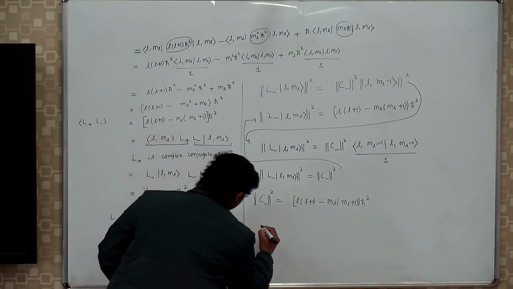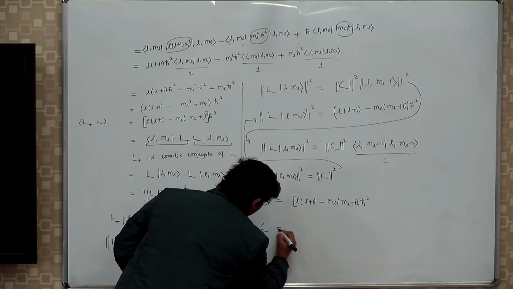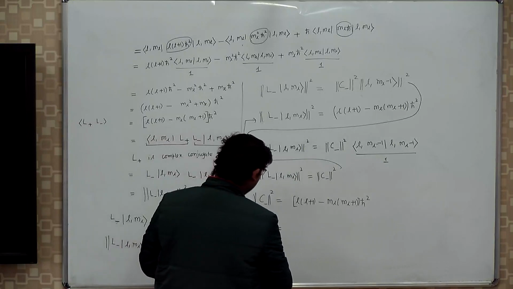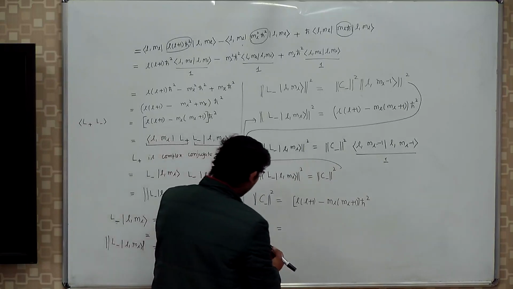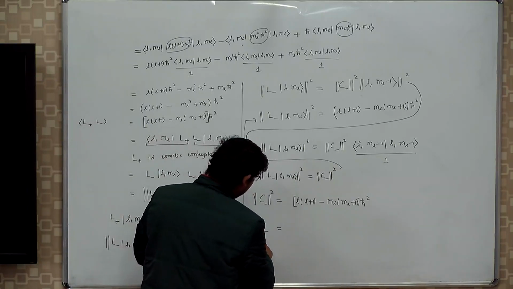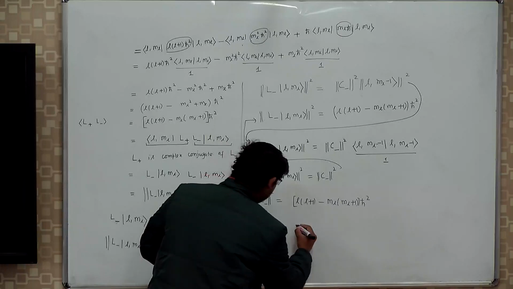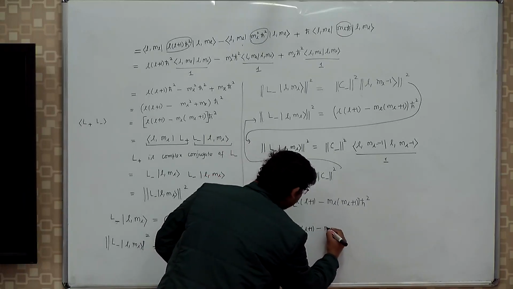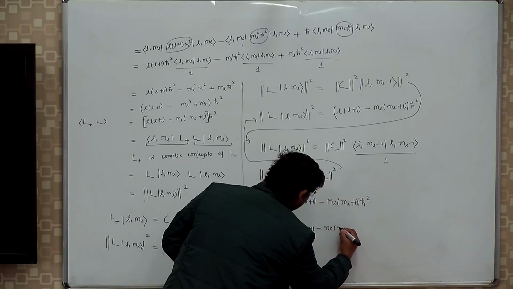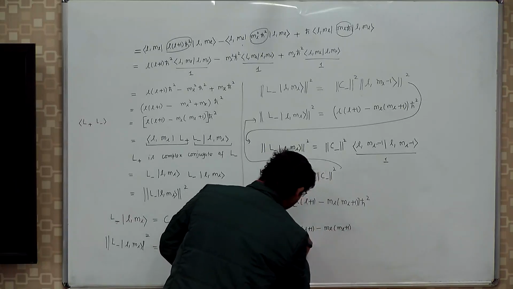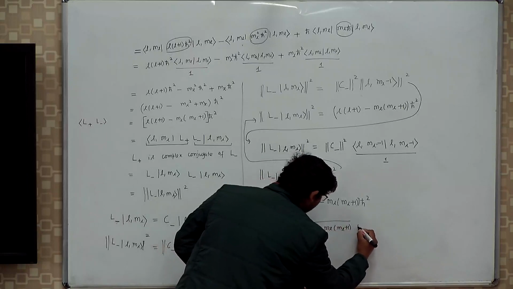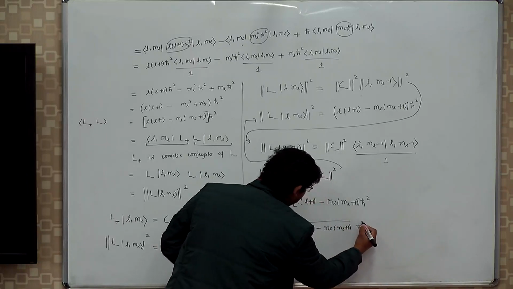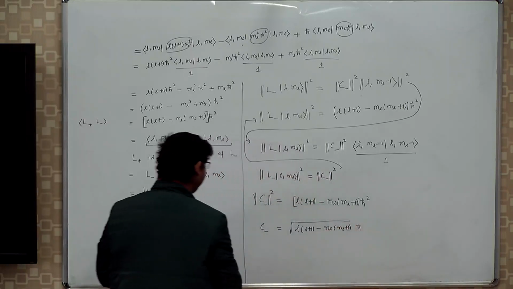Then for finding the C minus value, the probability constant for the lowering operator L minus is C minus equal to the square root of L into L plus 1 minus m L into m L plus 1 times h cross.